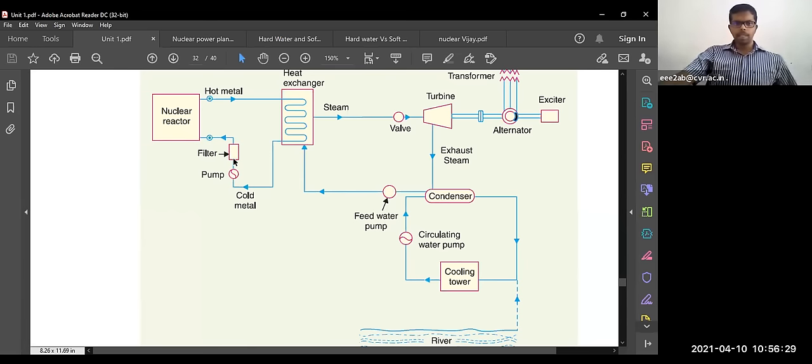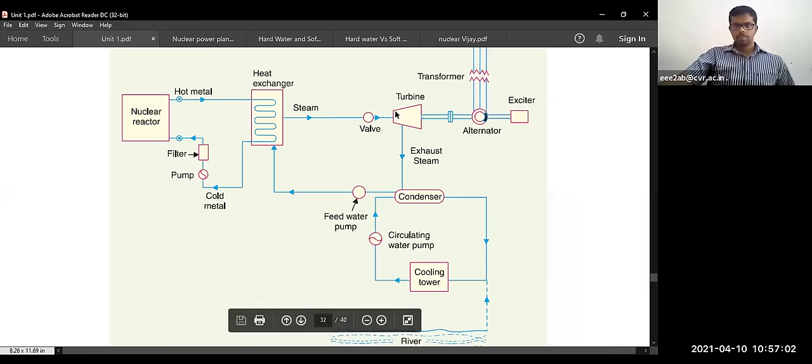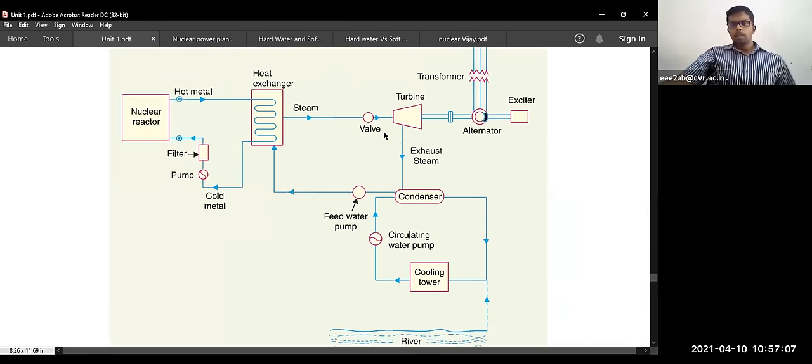Some filter filters it, and it is given back to the nuclear reactor. So this process repeats. Hot sodium metal is passed to the heat exchanger, and after giving up its heat, the cold metal is again pumped, filtered, and given back to the nuclear reactor. This process continues. This is the schematic arrangement of a nuclear power plant.